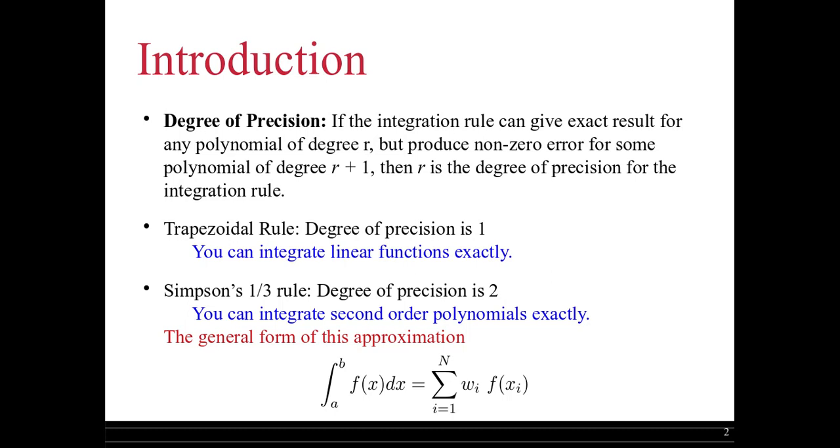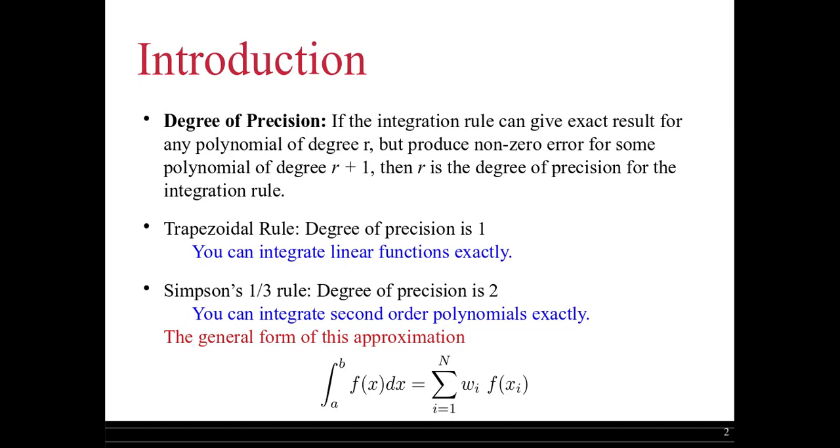That means you can integrate a linear function exactly with the trapezoidal rule, but whenever you use some quadratic polynomial, the trapezoidal rule cannot give you the exact result. For that you have to go for Simpson 1/3 rule, because Simpson 1/3 rule has degree of precision 2, and you can integrate up to quadratic functions with it.